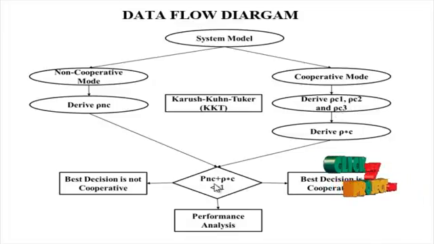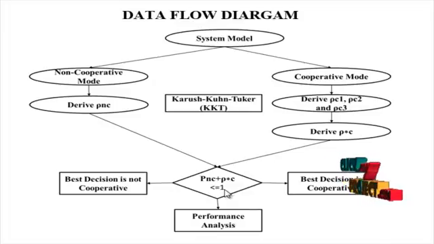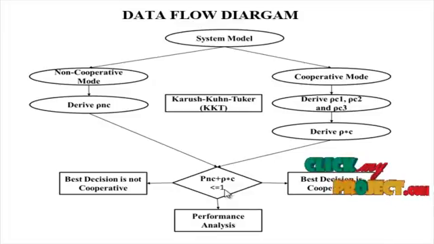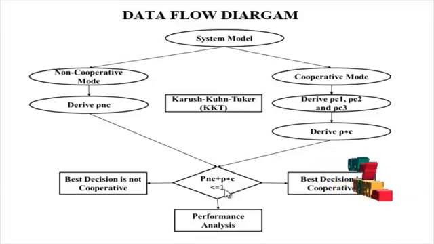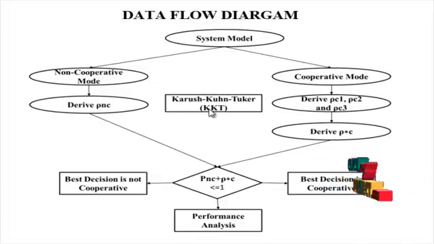Finally, the optimal decision has been taken. For the non-cooperative mode, the optimal save ratio can be easily derived according to the ninth equation. For the cooperation mode, the optimal solution can be derived by comparing the optimal achievable throughput for the two KKT candidate points.